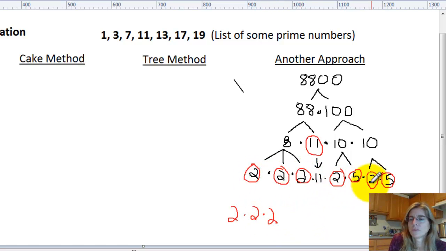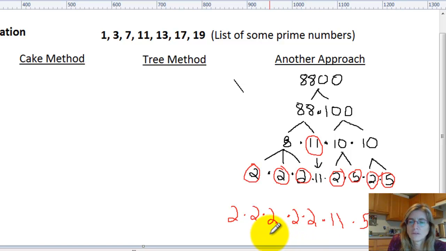And now I'm going to jump over and pull these 2's in so that we have all the 2's together. Times 2 times 2. And now 11. And what's left are these 2 5's over here, times 5 times 5.